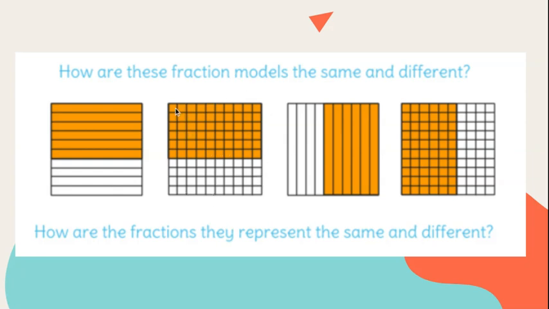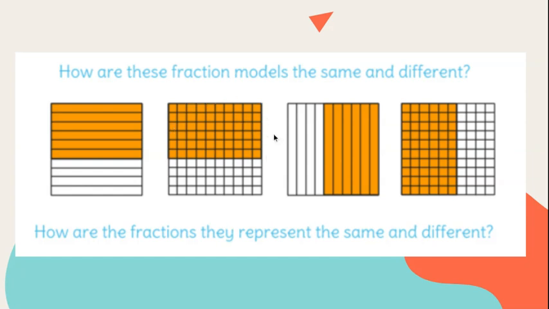And then there's 1, 2, 3, 4, 5, 6 groups of 1, 2, 3, 4, 5, 6, 7, 8, 9, 10. So that means there's 60 here. Okay, you don't need to hand count every single one of them. There's a way to do it, there's a strategy. 6 groups of 10 equals 60.